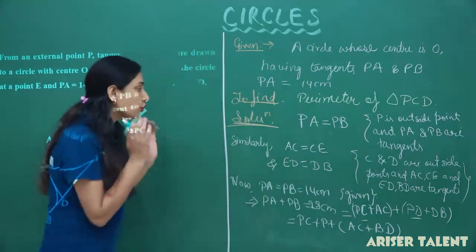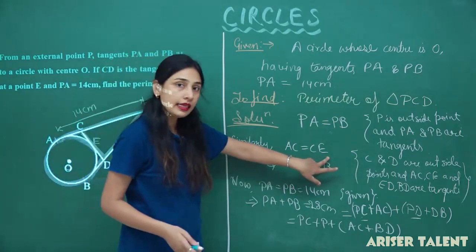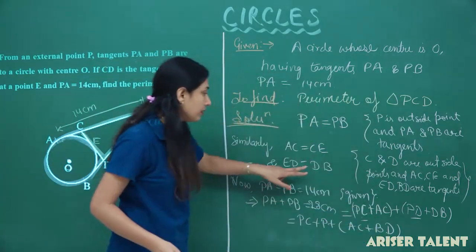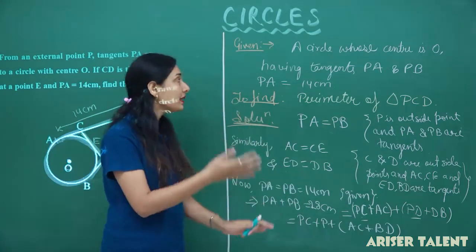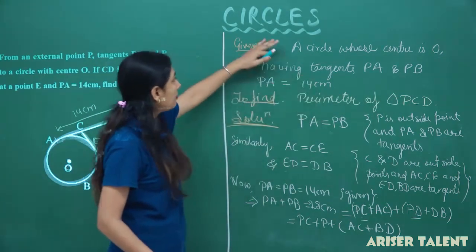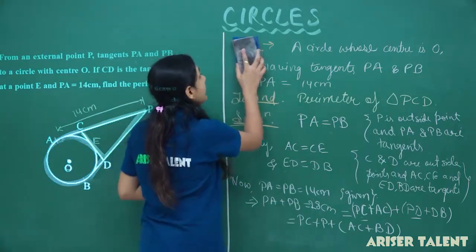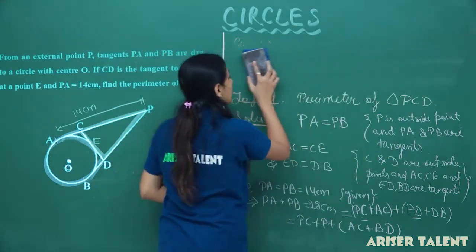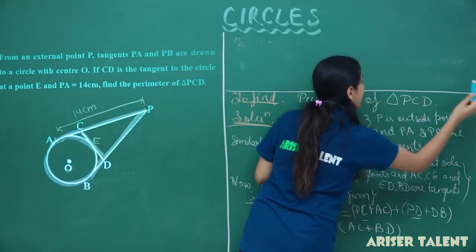Now students, if you look carefully, what is the value of AC? AC is CE and the value of BD is ED. Okay, so I am just going to replace this and I am rubbing it till there. So note that part only. So I have rubbed the given part. Right.